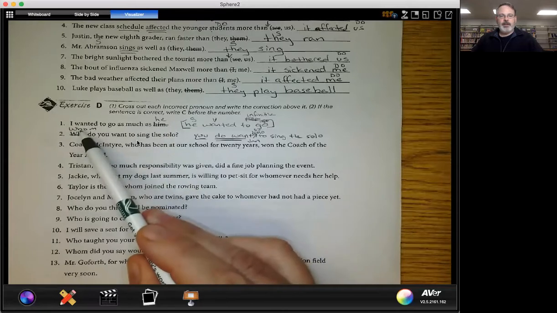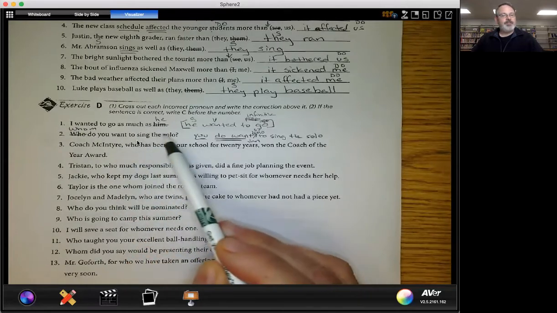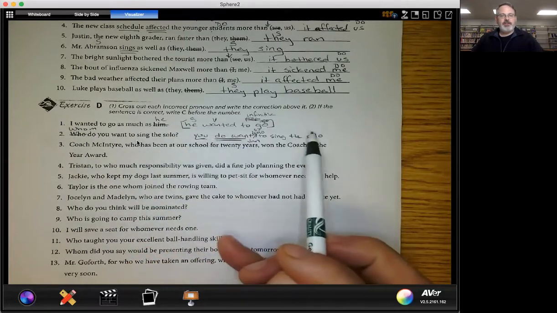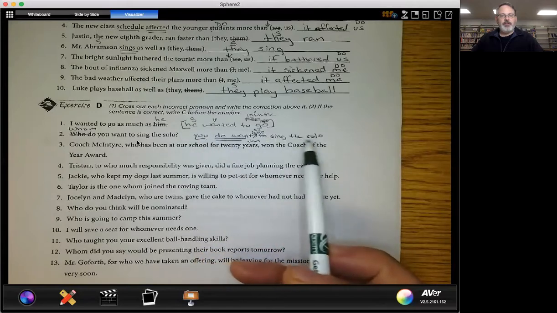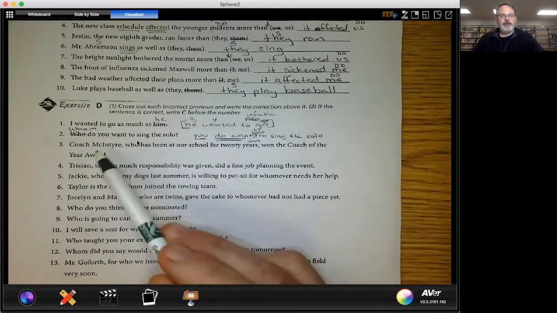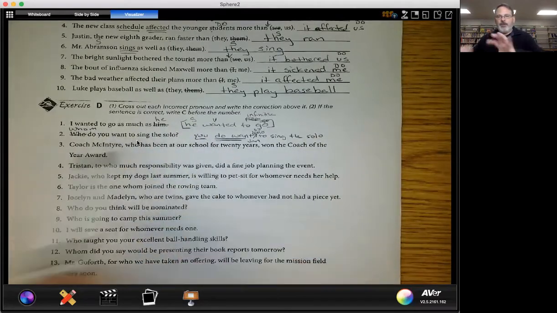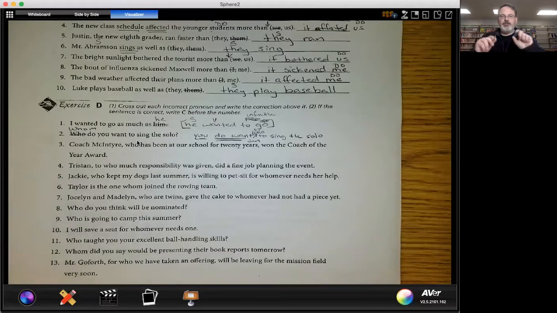So that's why when you ask the question, who do you want to sing the solo? That's the declarative version of it. But you have to flip it around and change it so that you know that that's being used as a direct object and not the subject of the sentence. All right.